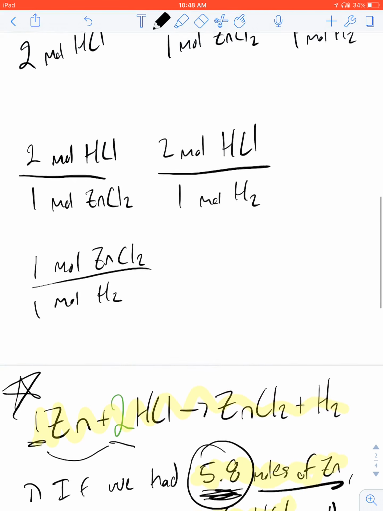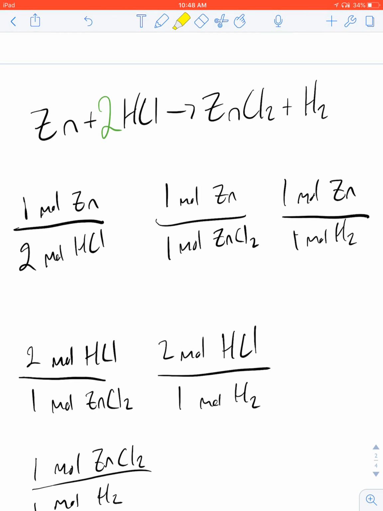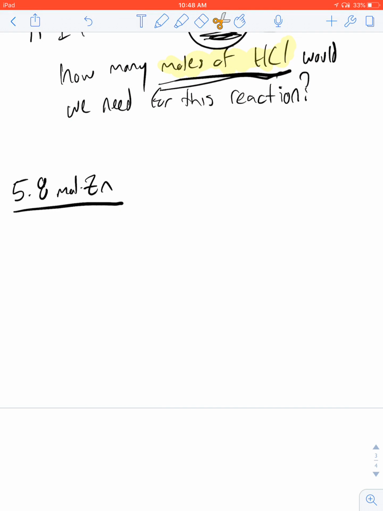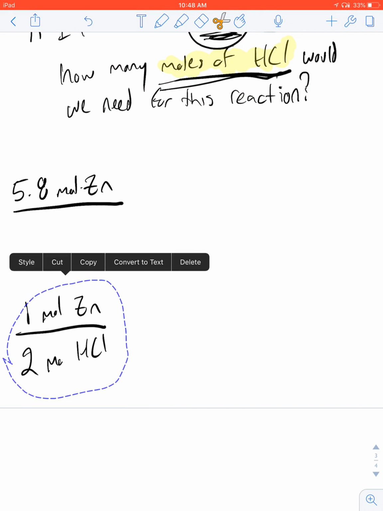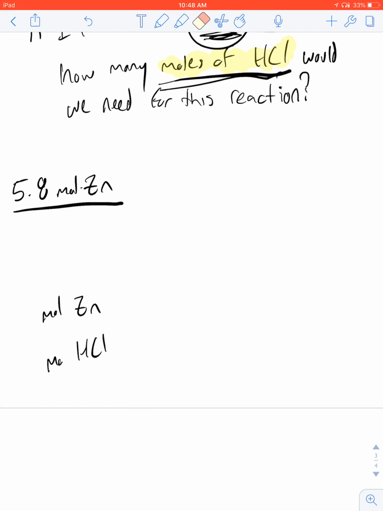And we've already made that relationship, or found that relationship, back here with the mole ratio between moles of zinc and moles of HCl. So let's go ahead and copy this down here. Some important information for us. Okay, so there's our mole ratio between zinc and HCl. So that's going to help us get to where we need.